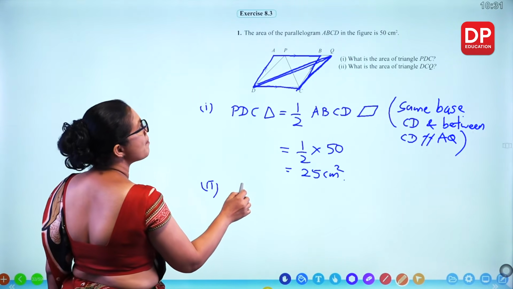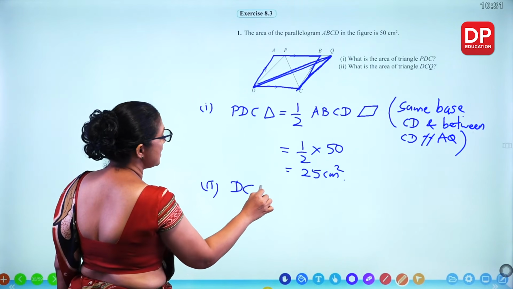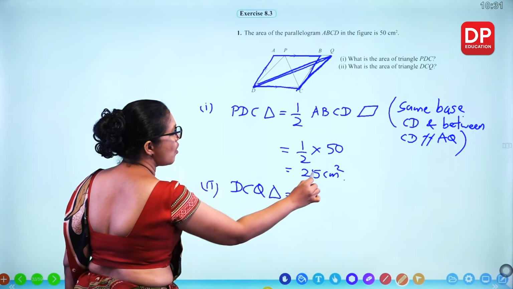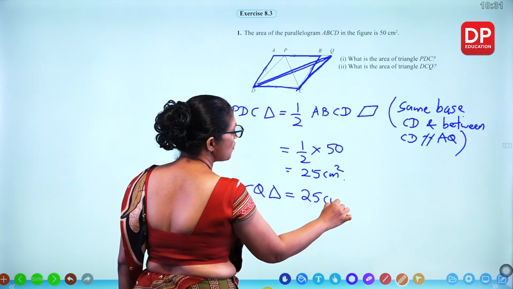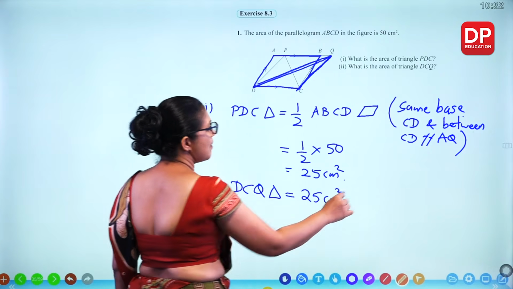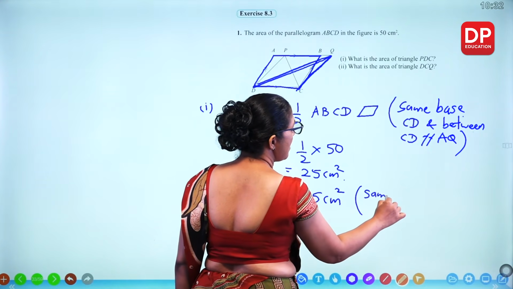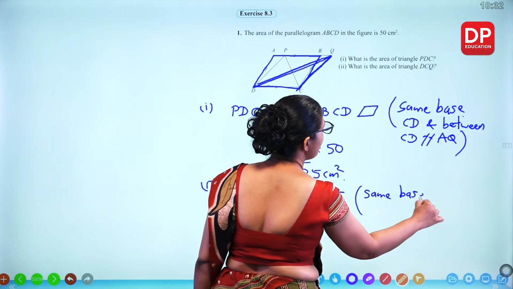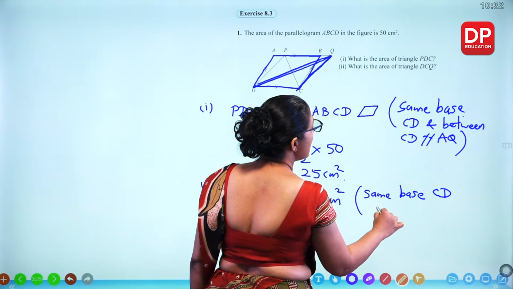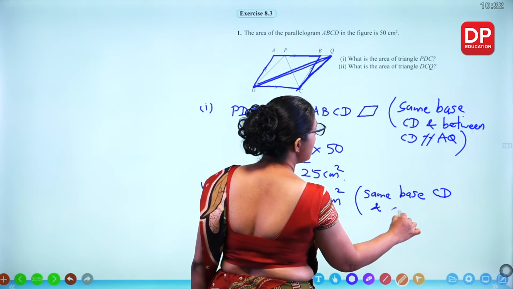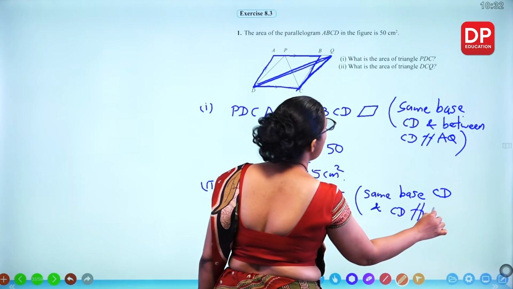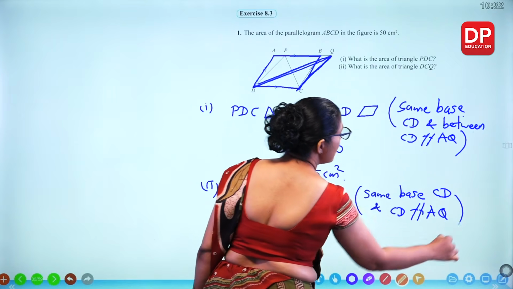So what can you say about DCQ triangle? It is also 25 square centimeters because same base CD and in between CD and AQ parallel lines.